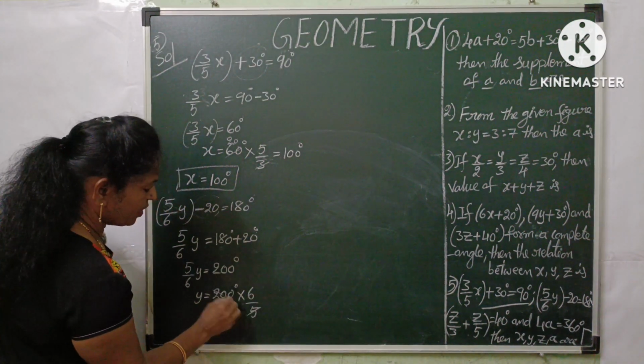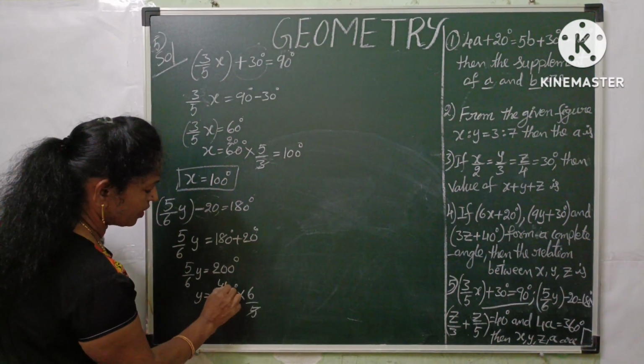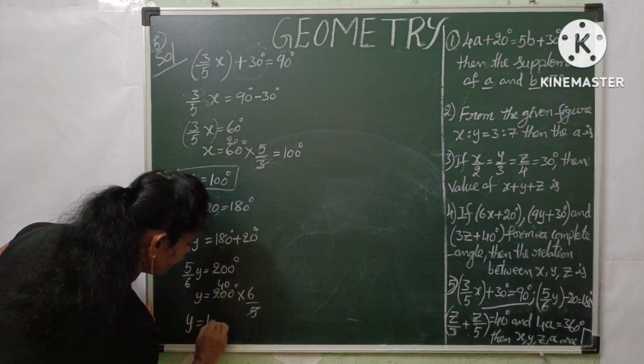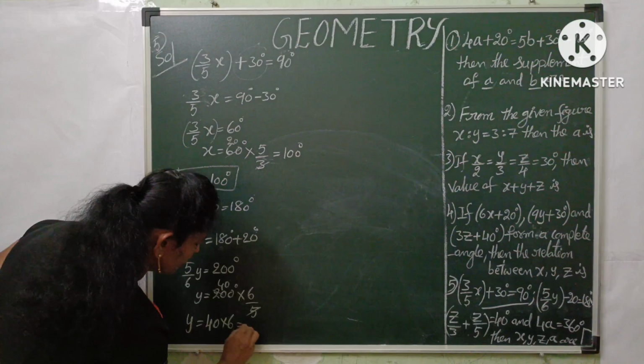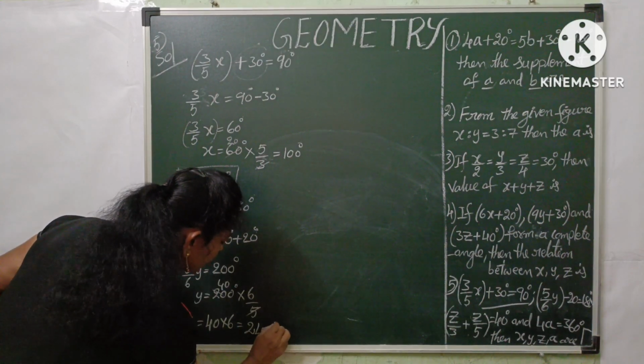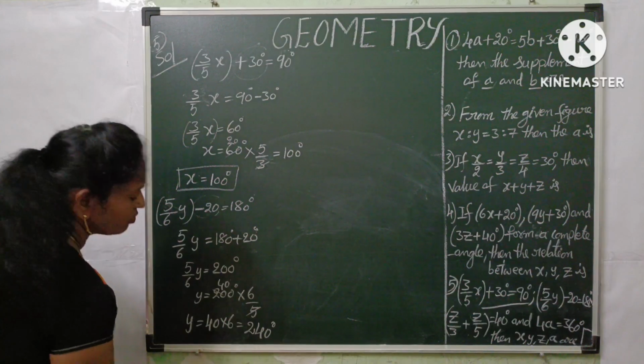Then 5 table in 200, 40 times. Therefore y equal to 40 into 6. 6 4s are 24, so 240 degrees. Here y equal to 240 degrees.